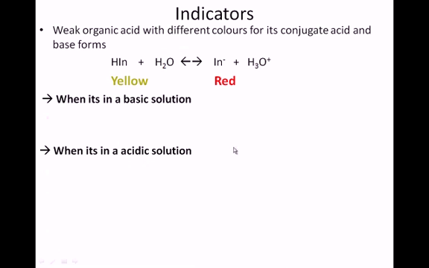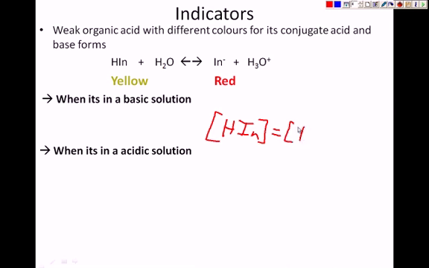Now, what happens when the concentration of HIN is equal to the concentration of IN minus? Well, then the concentration of yellow is equal to the concentration of red.